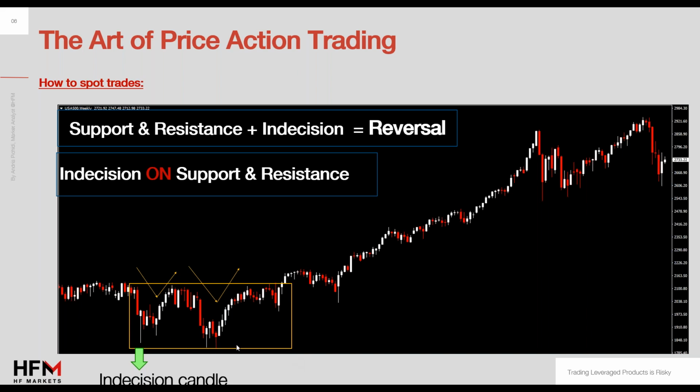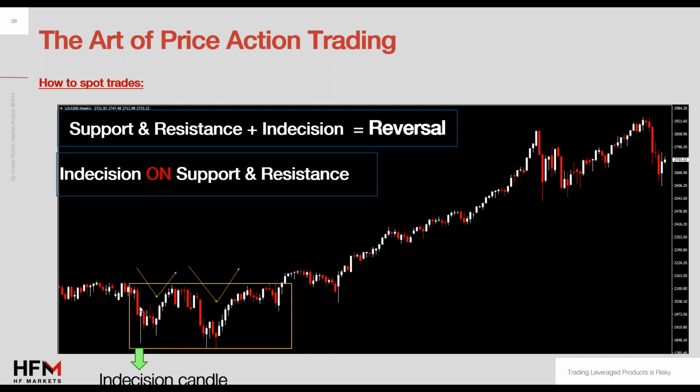Trade based on the fact that if we identify an indecision close to a support or resistance level, having in mind that we initially had a preceding trend, then that implies a reversal, right?